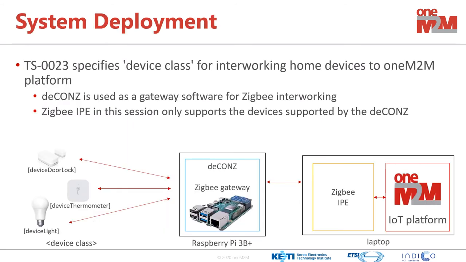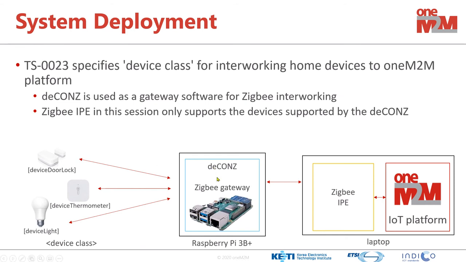So this is the system deployment, and from the left there are Zigbee devices, and devices consist of the device classes that we saw from the SDT concept, and we will see the individual classes really soon.